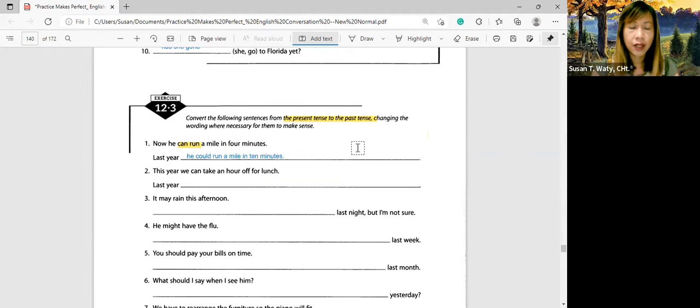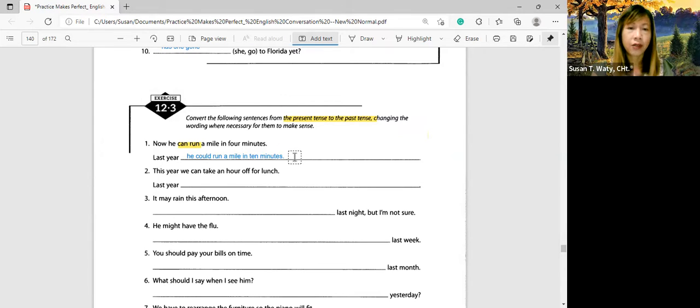Jadi kalau diterjemahkan, sekarang dia dapat berlari satu mil dalam waktu 4 menit ya. Tapi tahun lalu dia dapat berlari 1 mil dalam waktu 10 menit. So it's slower last year.